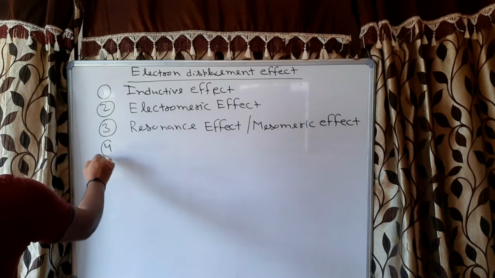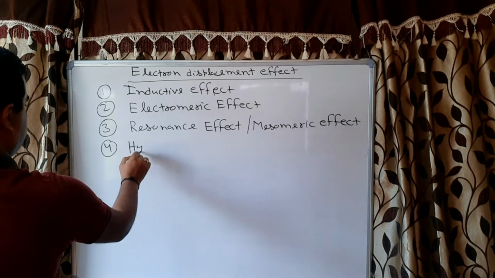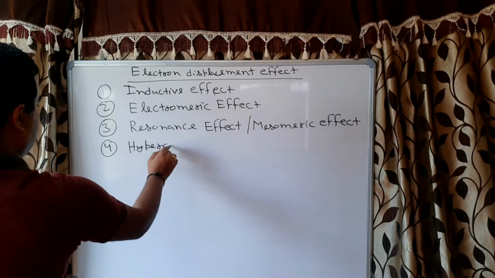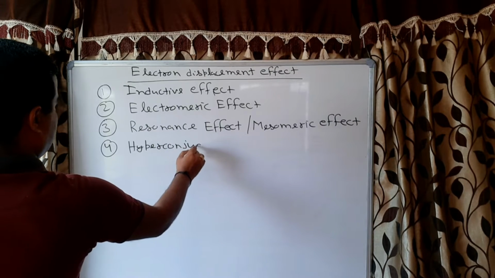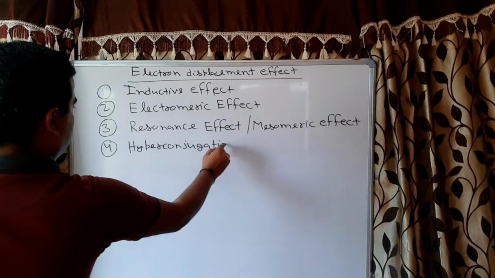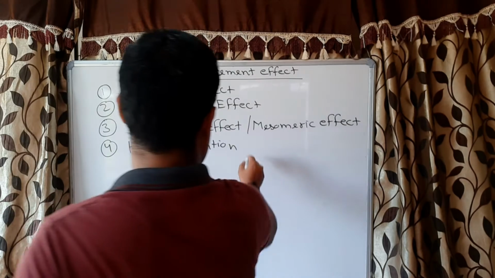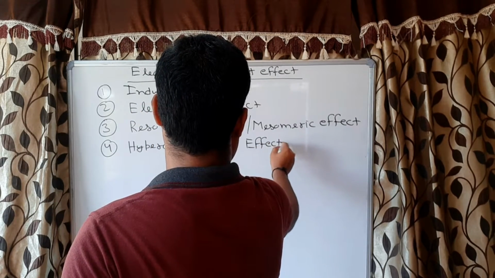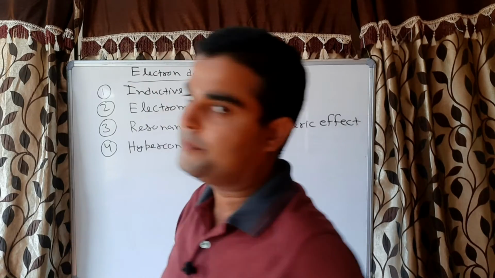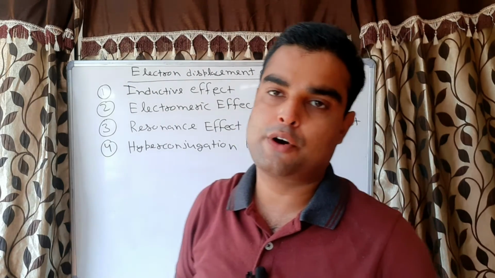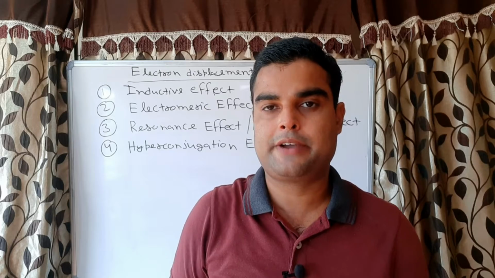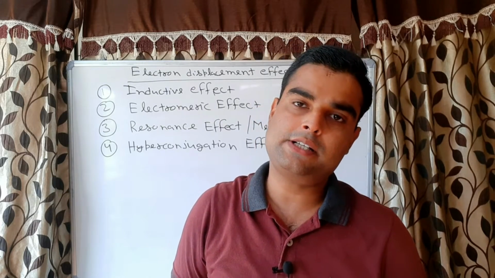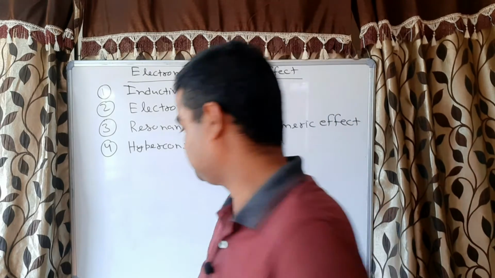And next is hyperconjugation effect. So, in these four types of electron displacement effect, first we will study the inductive effect.